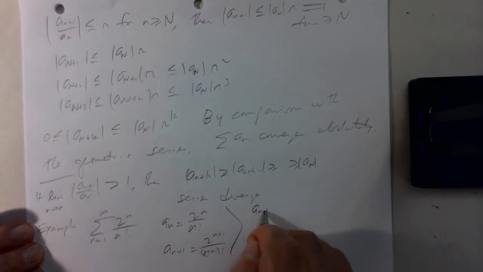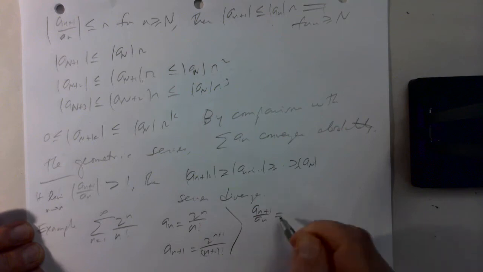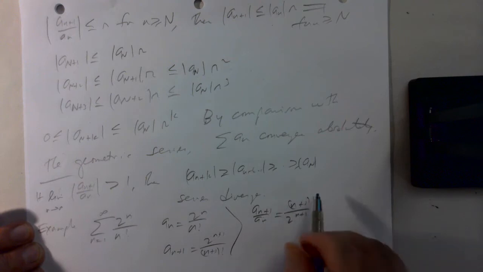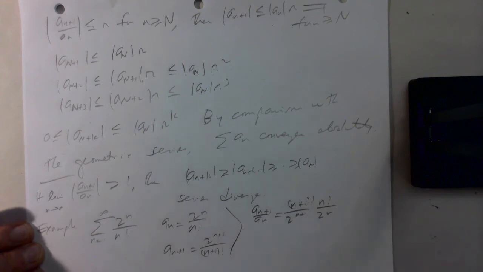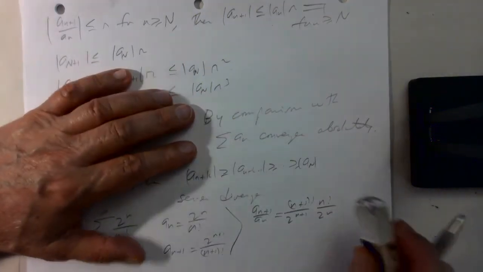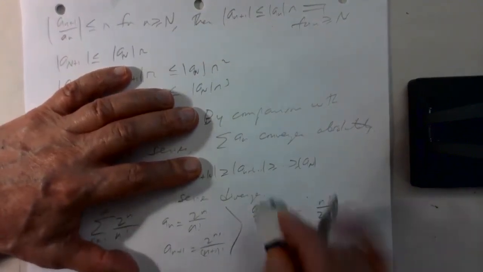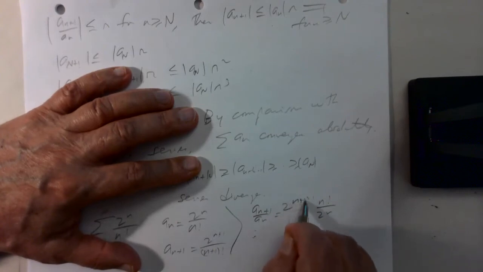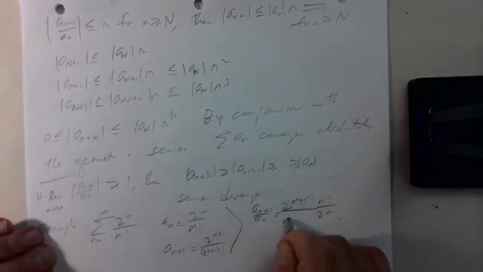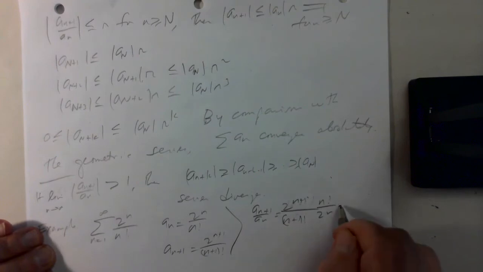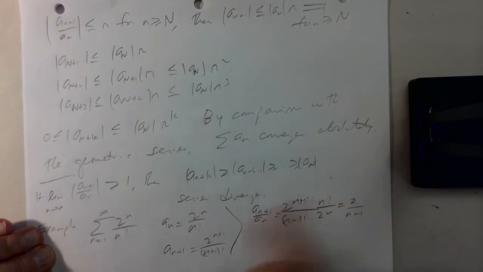So if I look at the ratio an plus 1 over an, let's write this correctly, this is 2 over n plus 1.